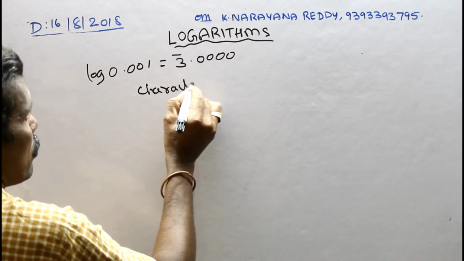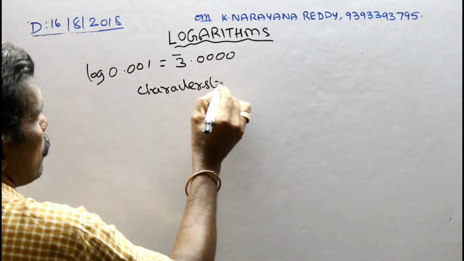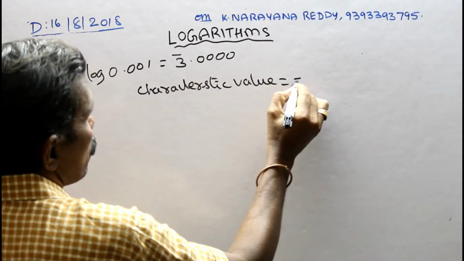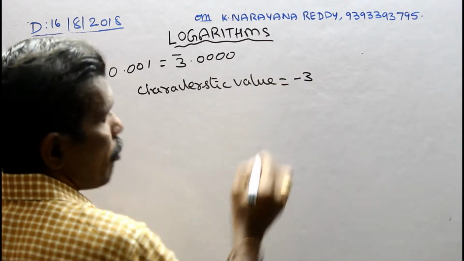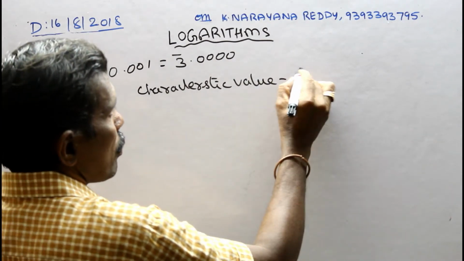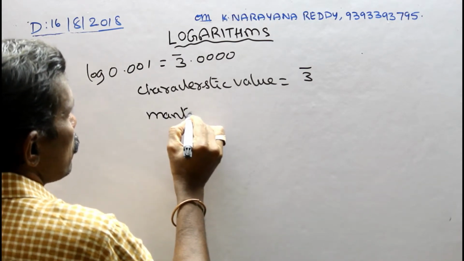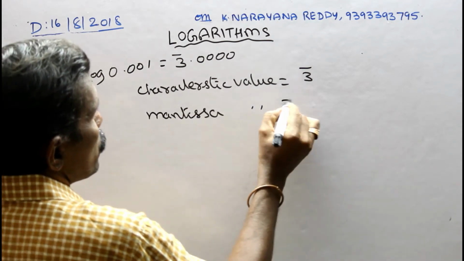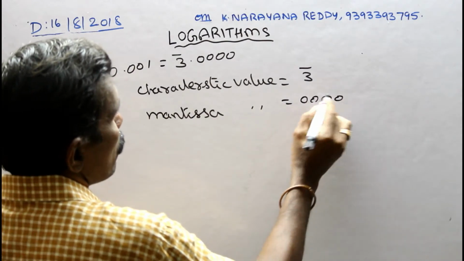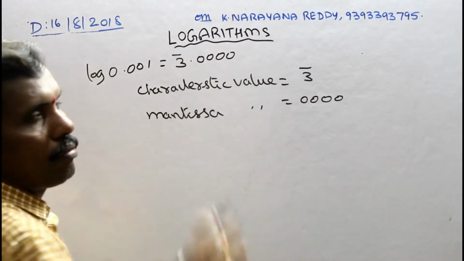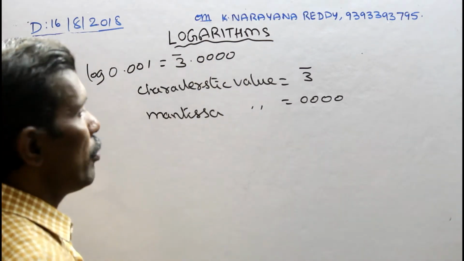Characteristic value equals bar 3 or minus 3. And Mantissa equals 0. That's all. So this is characteristic and this is Mantissa, which you have to remember.